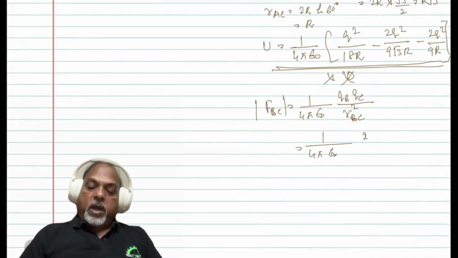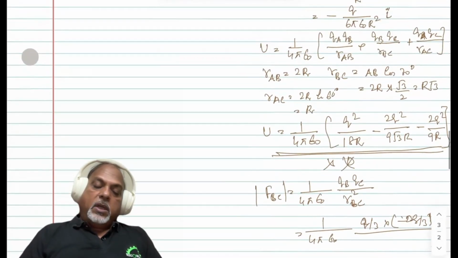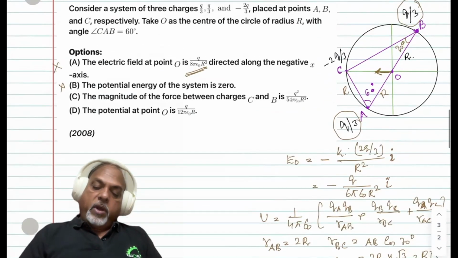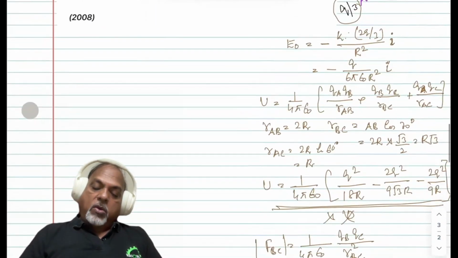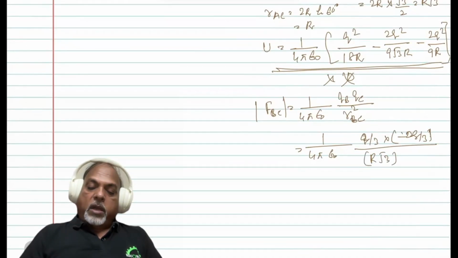So it is Q by 3 into 2Q by 3 upon R root 3 whole square.